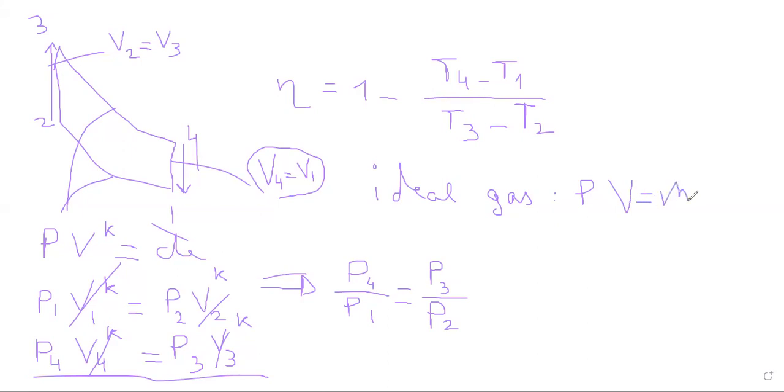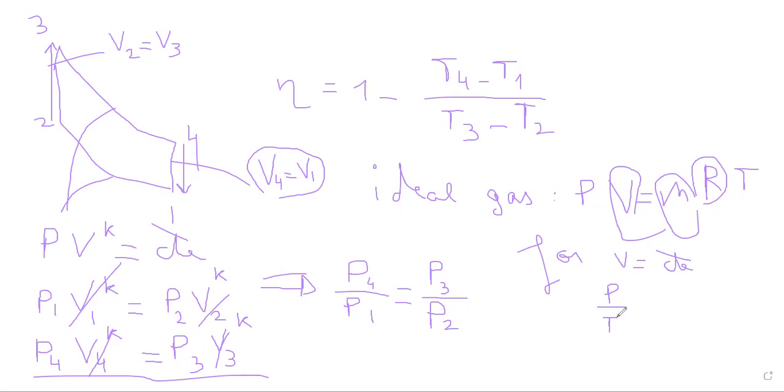So if we take a process at constant volume, we know that the mass is fixed, the volume is fixed for this process, R is a constant for the gas, so it will not change. So for V equal to constant, we can say that the ratio of pressure is equal to the ratio of temperatures. So from here we can deduce that P over T is constant for a process of constant volume.